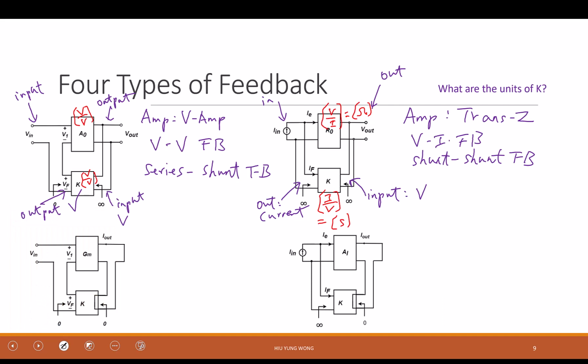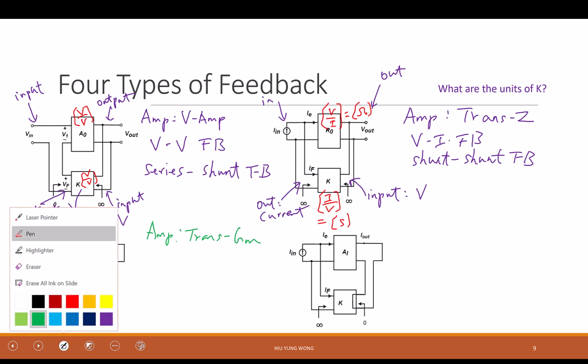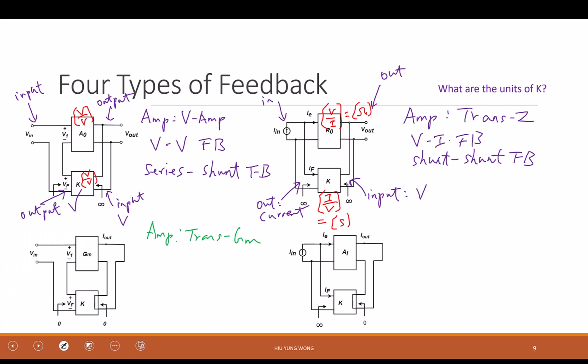On the lower left, what type of amplifier is that? Transconductance, because the input is voltage, the output is current.